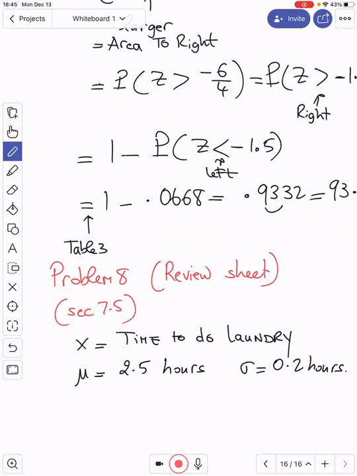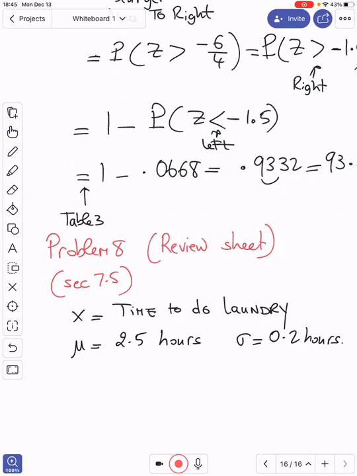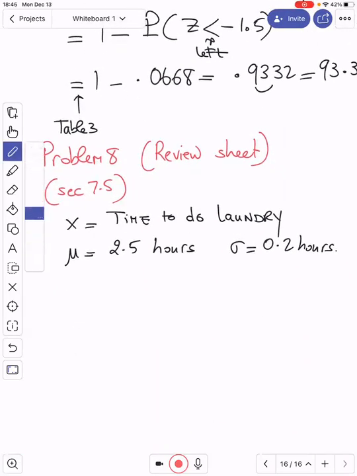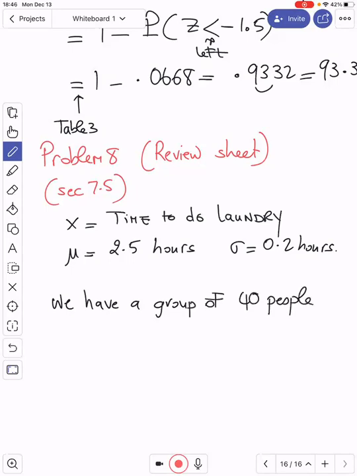But then the fourth question, that's the new thing here. Suppose we have 40 people selected at random. So we have a group of 40 people, selected at random. What's the probability that the mean time x bar?